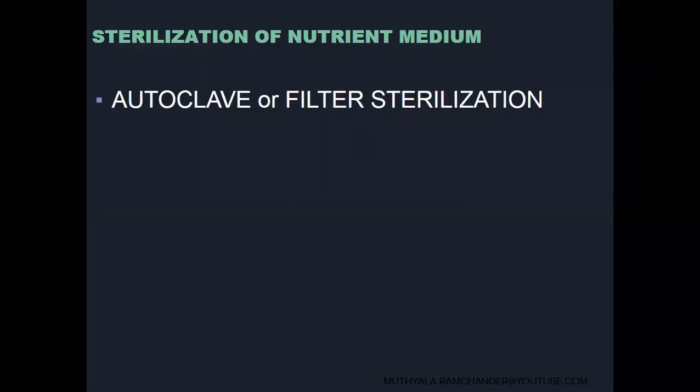Mainly, sterilization of nutrient medium is done in an autoclave. Before using the autoclave, we use filter papers, also called filter sterilization. By filter sterilization, large microorganisms and dust particles are eliminated. After filter sterilization, we use the autoclave, a type of machine used for sterilization.